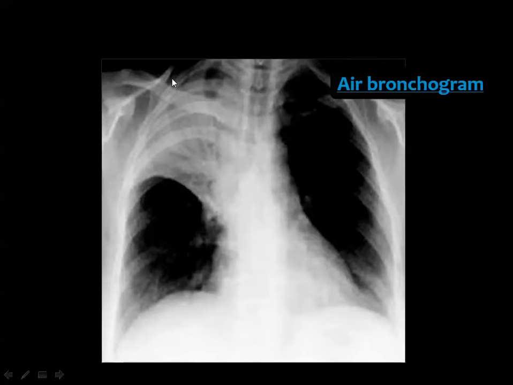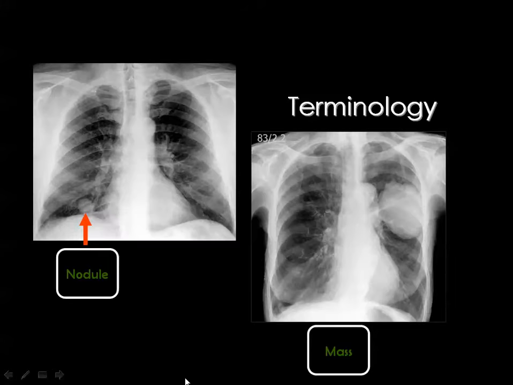If you see this phenomenon, you know that this opacity is of pulmonary origin, and it is of alveolar pathology, and it means that this is consolidation. And of course, pneumonia is one of the causes of consolidation and air bronchogram.